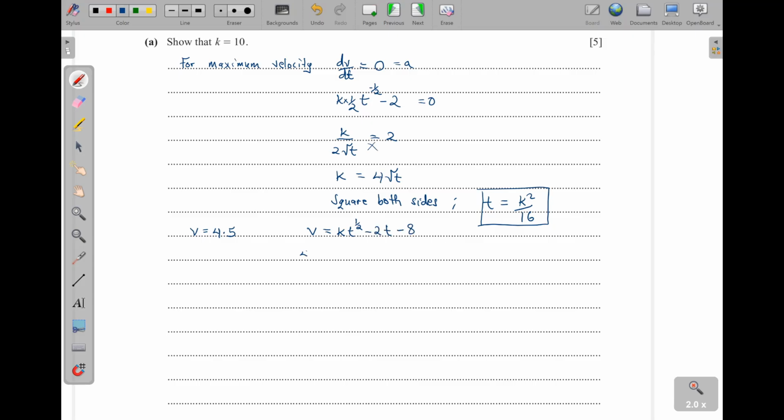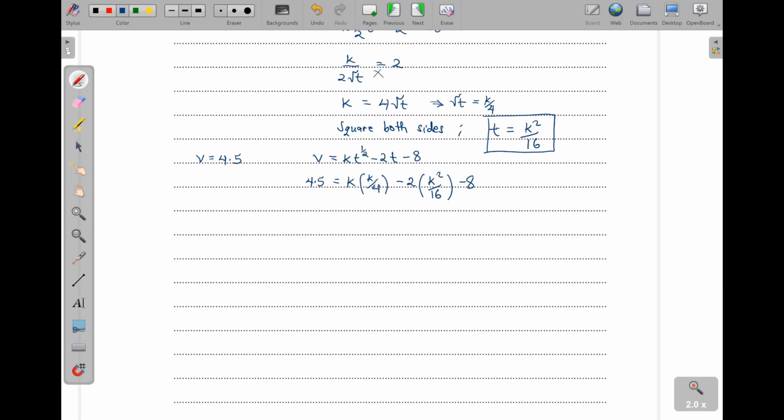So I'll put here 4.5, which is equal to k, and then the square root of t is k over 4. So that's why we have t is equal to k squared over 16. So here we have k over 4, then minus 2t, where t is now k squared over 16, then minus 8. You see?